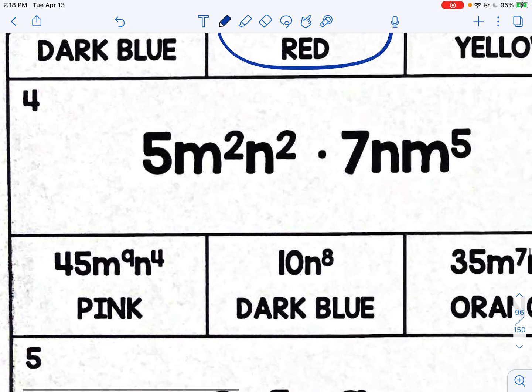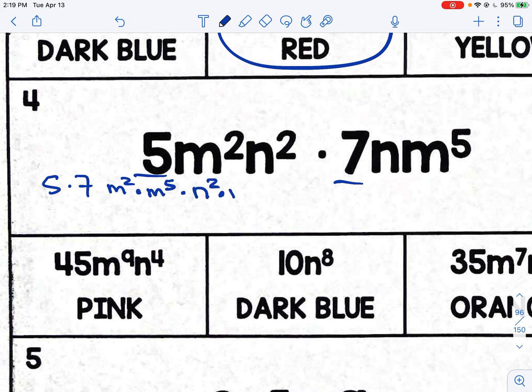Sorry about that. Okay, so I look at these. I have 5 times 7. I have m squared. I have m to the 5th. I have n squared and n to the 1st. 35 m to the 2 plus 5, n to the 2 plus 1.